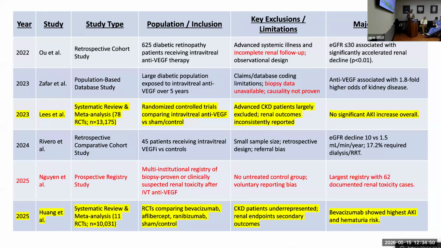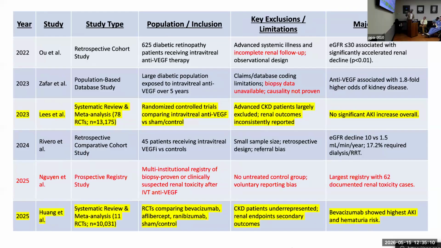These are some studies done for a similar purpose. The first study came out in 2022, a retrospective study including 625 diabetic retinopathy patients receiving anti-VEGF. The major finding was that eGFR less than or equal to 30 was associated with accelerated renal decline.